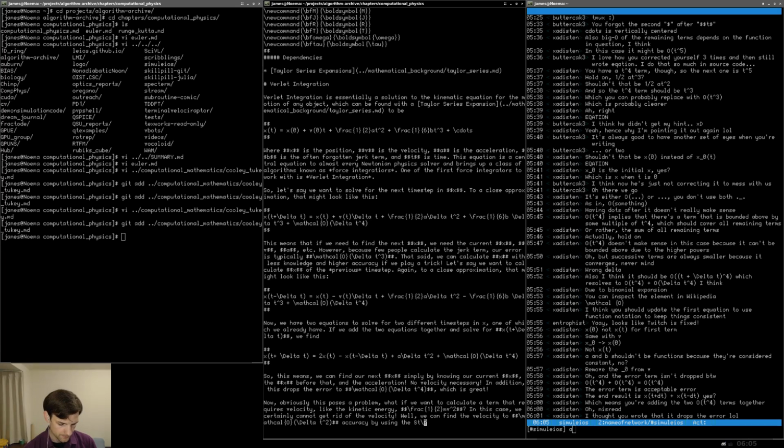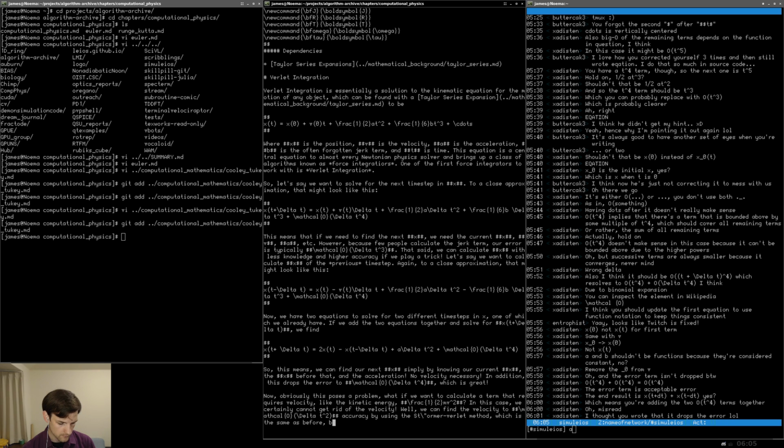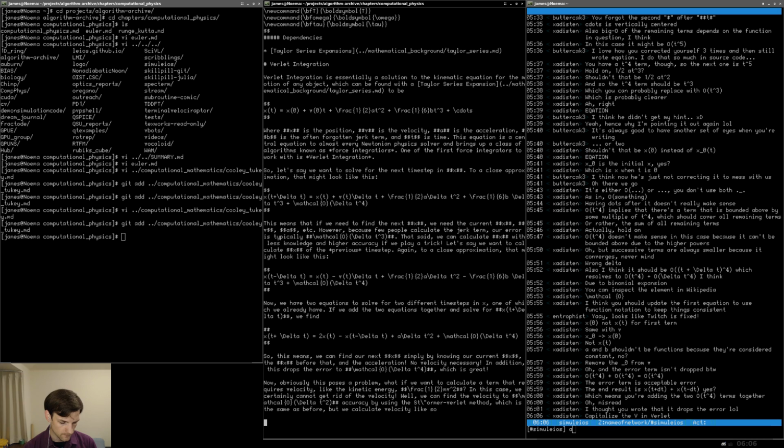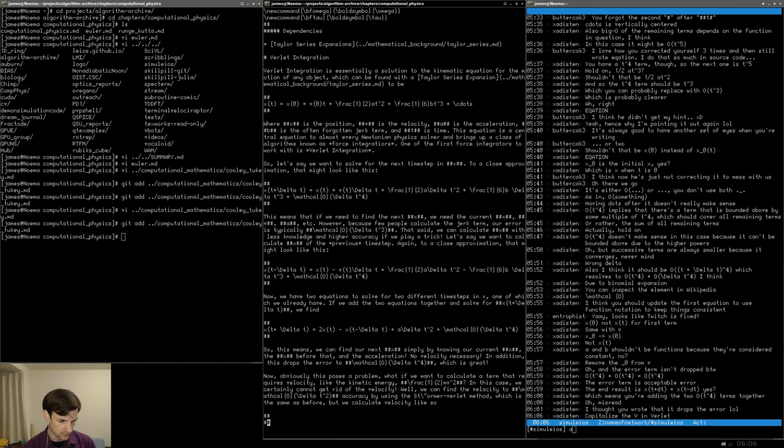Okay, well, let's see what happens then. Let's calculate velocity like so, in Verlet. Okay, let's pop down here.